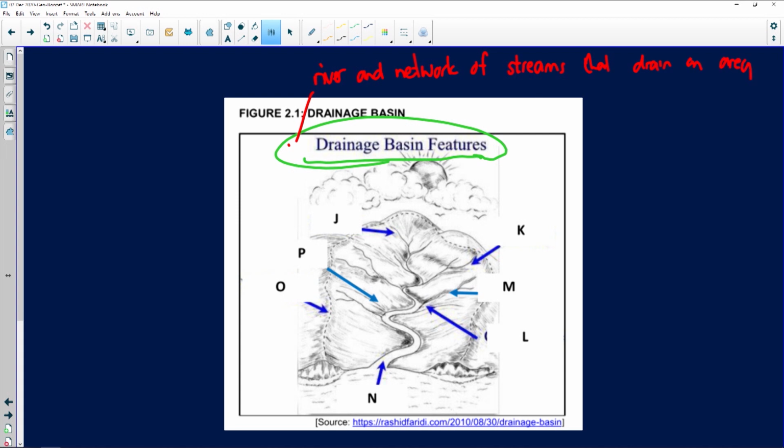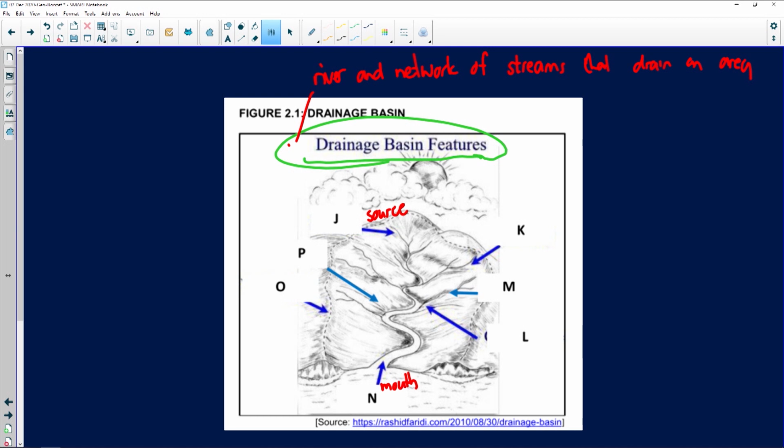Now let's just start with the basics. So there's our drainage basin. All rivers start from their source, and eventually where a river flows into the ocean is known as the mouth.